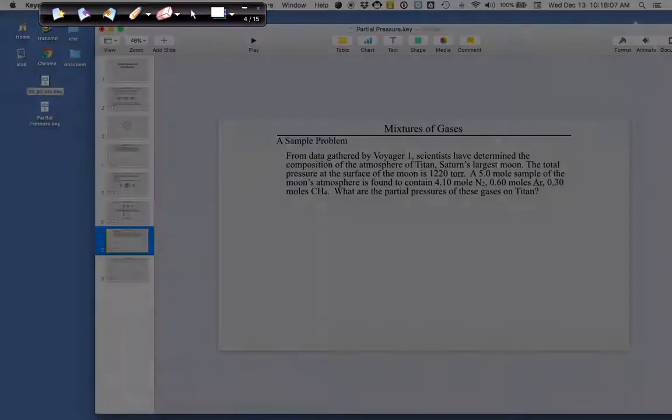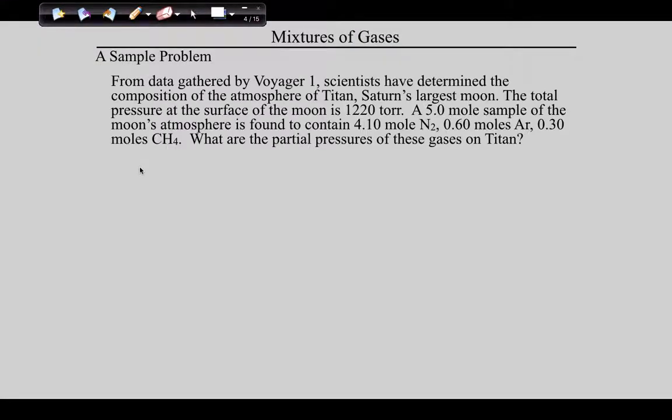So, what can we do with this? Well, we can solve problems like this. Don't try to write it down, but we're going to solve it. This is actually real data. It says, from Voyager 1, scientists have determined the composition of the atmosphere of Titan, which is Saturn's largest moon, is this. So the total pressure at the surface of the moon is that. Is that above or below standard atmospheric pressure here?